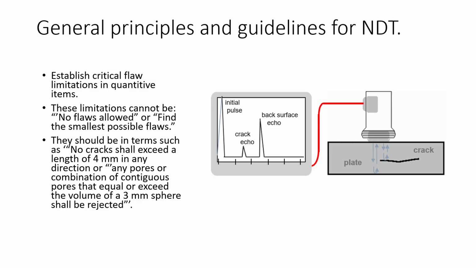You want to give them a target to shoot at. Something numerical, empirical, mathematical that can be measured. Once again, we don't want to use terminology like no flaws allowed or find the smallest possible flaw size. Those aren't productive in helping our NDE technicians find and disposition flaws and defects in components.